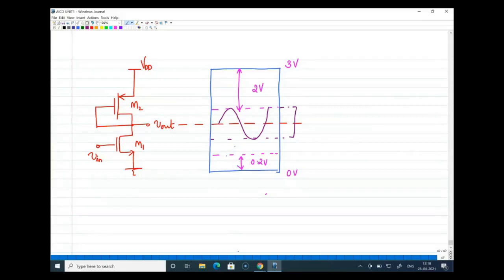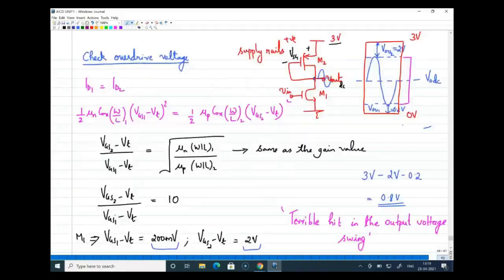Is this clear? Here I made one assumption that your output DC is exactly at the middle, but it may not be exactly at the middle. So the values which I have marked may be different. I hope this is clear. Still, if you have doubt, you can please check with me.